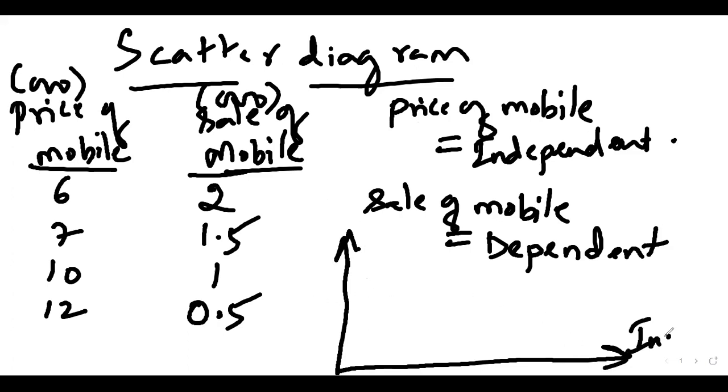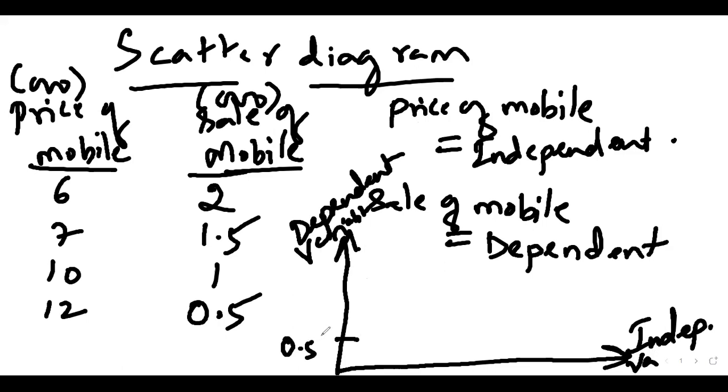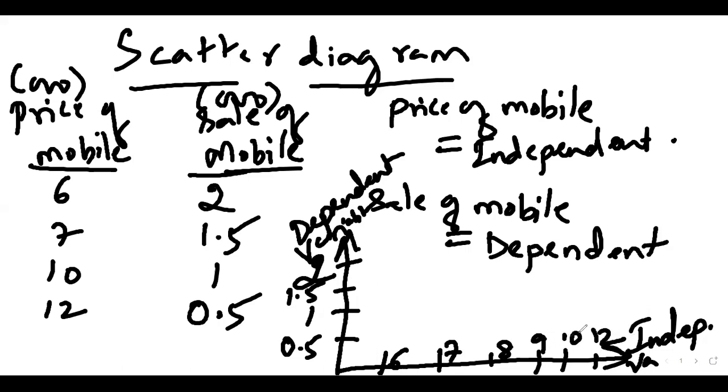It is important that we always consider the independent variable first. Our dependent variable is sale and independent variable is price.